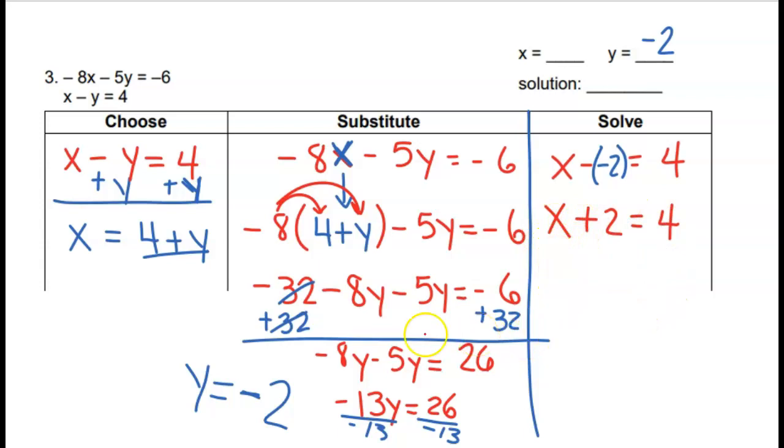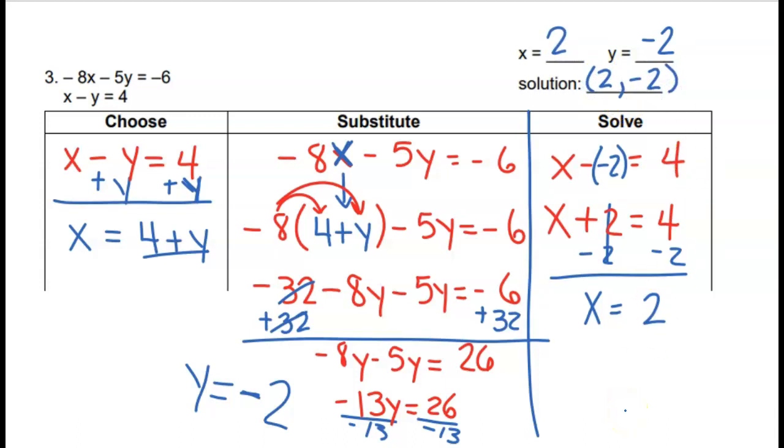I'm solving for x. I need to get x by itself, so that will cancel. And x is equal to positive 2. The intersection point is positive 2, negative 2.